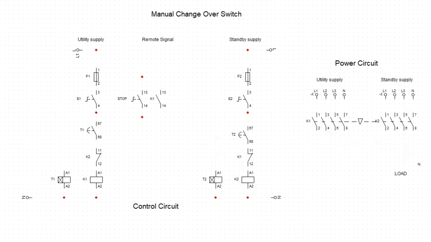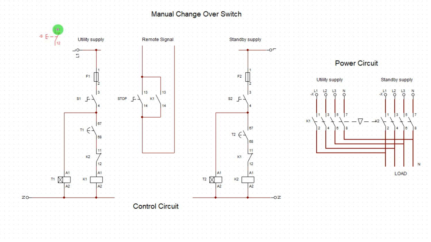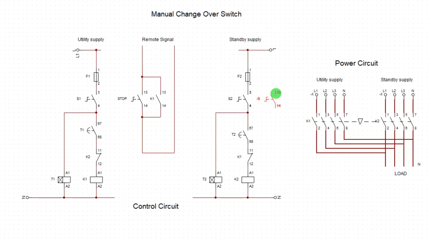Let me show you once again. Just hold on. Instead of normally close type, we are going to use normally open. This one too, normally open, so that when I want to simulate them, I will close it to show you that there is power now.